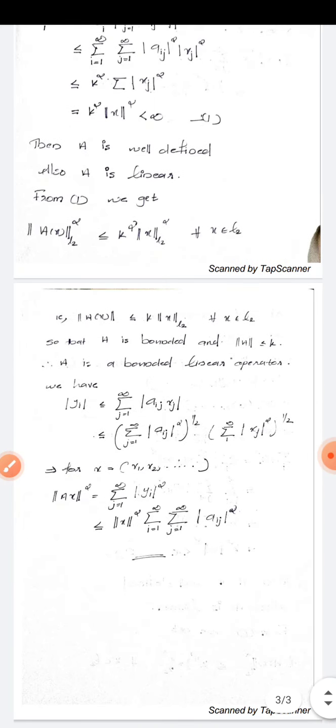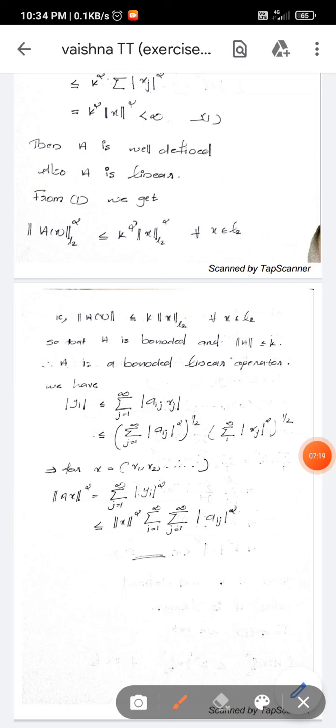Then we have the modulus of yi less than or equal to the sum over j equal to 1 to infinity of the absolute value of Aij xj, which is less than or equal to the sum over j equal to 1 to infinity of the absolute value of Aij squared, all to the power 1 by 2, times the sum over j equal to 1 to infinity of the absolute value of xj squared, whole to the power 1 by 2.